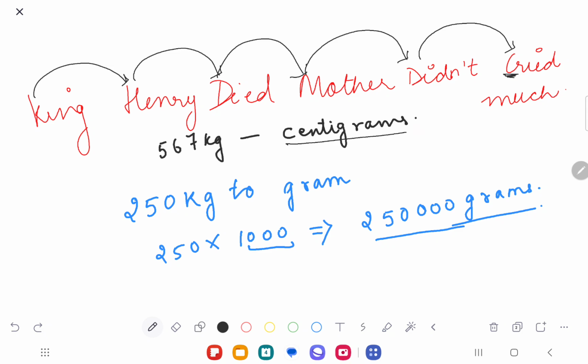Every time you're moving forward, we would do into 10, into 10, into 10, into 10, into 10, isn't it?